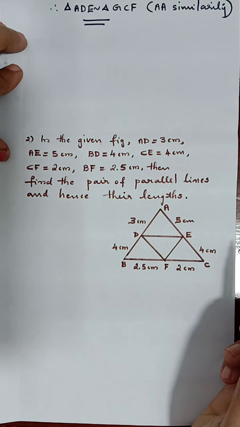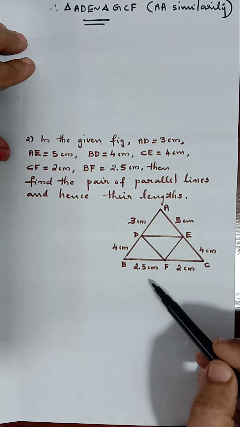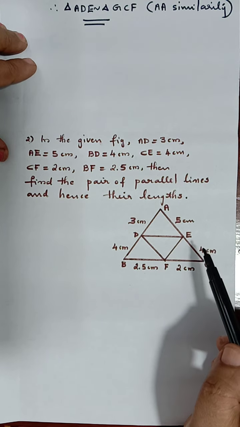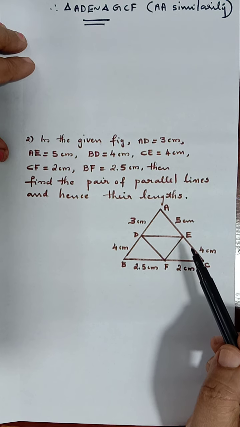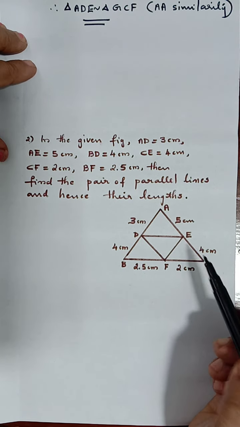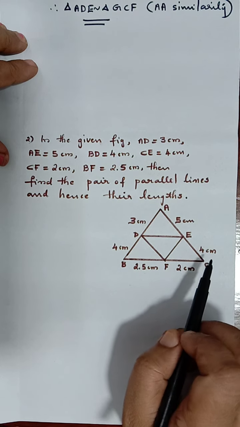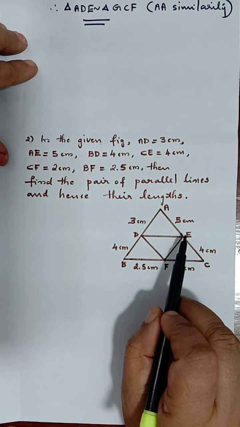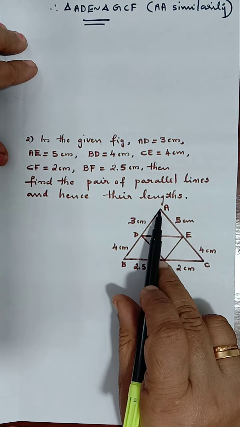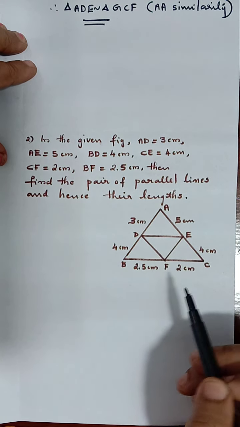So here a pair of parallel lines we have to find out. For two lines to be parallel, corresponding sides should be proportional for two similar triangles. So let us find out the proportionality. For example, if you take CE by AE, CE by EA, it is 4 by 5.